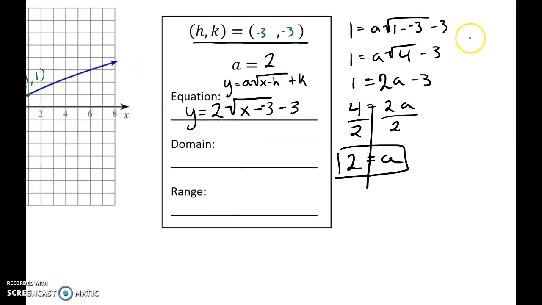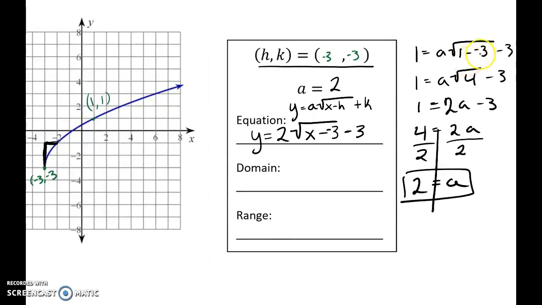Remember that you have to put in minus a negative, so it's minus whatever h is. We could simplify this. Because 2 negatives make a positive, I could rewrite this as plus 3. But if this helps you remember to include this negative h, then please write it this way the first time and simplify afterwards.